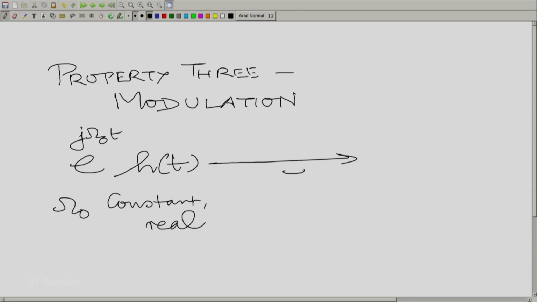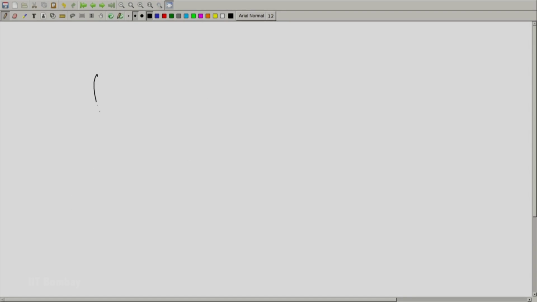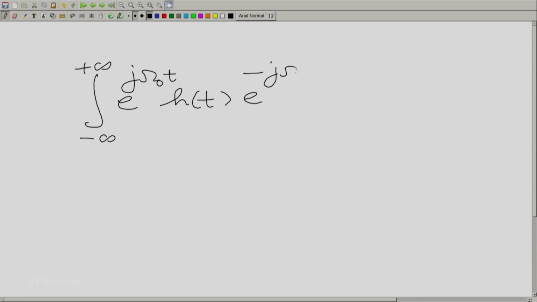And let us query what is its Fourier transform, given that h(t) has a Fourier transform of capital H(omega). The answer is very simple. Indeed, integrate from minus to plus infinity e raised to the power j omega naught t times h(t) e raised to the power minus j omega t dt.